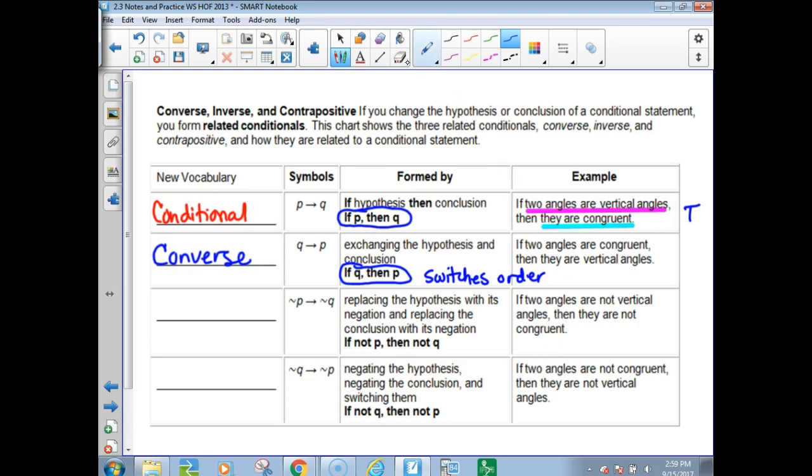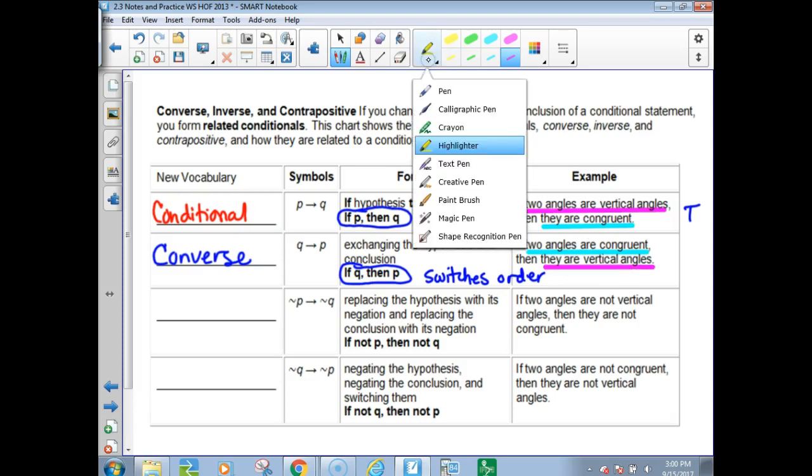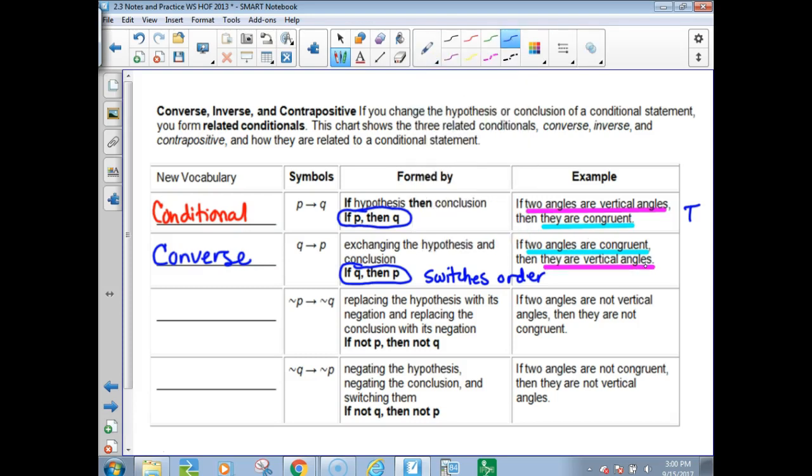All right, so the new statement is: if two angles are congruent, that's putting the conclusion first and the hypothesis second. So two angles being congruent is switched with they are vertical angles. Okay, now I want to talk about the truth value of that. If two angles are congruent, do they have to be vertical? They can be congruent and be some other kind. Okay, so this would be false.